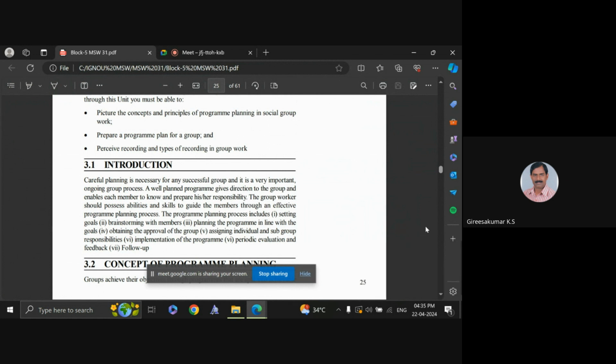Hence, planning is a must in day to day, short term, long term, and every policy of human beings. Without which they won't succeed.